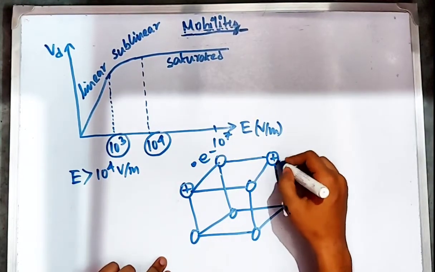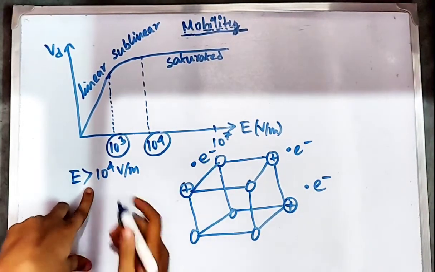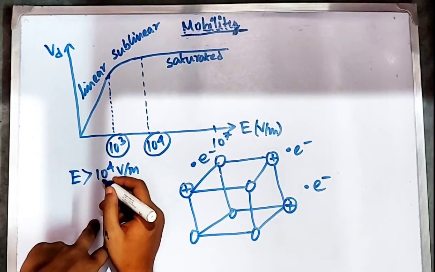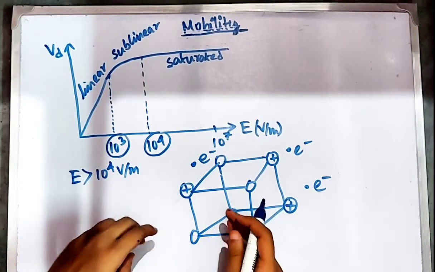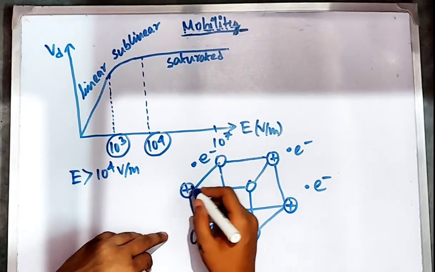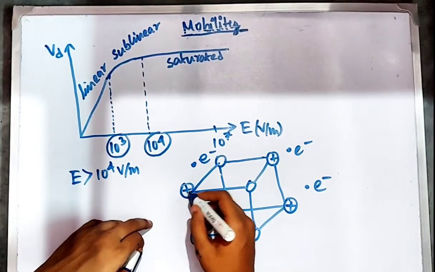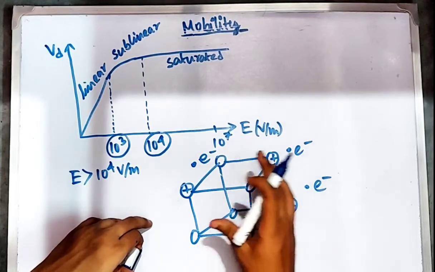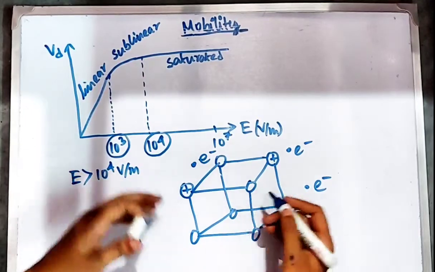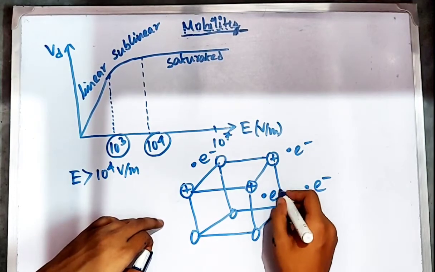Suppose this is one immobile charge carrier and this is one free electron. So if we are applying an electric field having a very high value, then getting this high amount of energy, the lattice points will also start their vibrational motion. I mean to say that these immobile charge carriers which are bound to the crystal structure will also start vibrating. How will they vibrate?